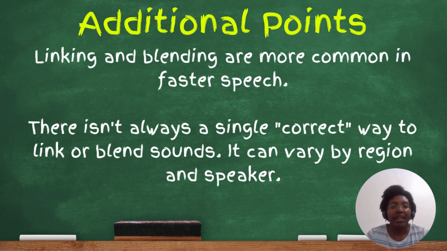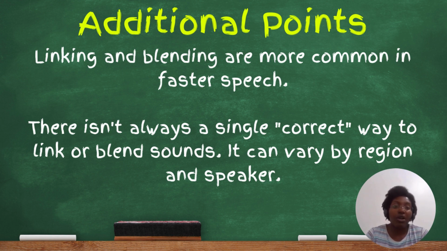What we mean by that is somebody from New York might have a different way of speaking. Some people call it a New York accent. I spent a lot of my time in New York. I don't particularly have a New York accent. I have more of a neutral accent, but there are people from certain parts of New York that speak a certain way, that link and blend their words differently than somebody who lives in Texas, for example, or Georgia.